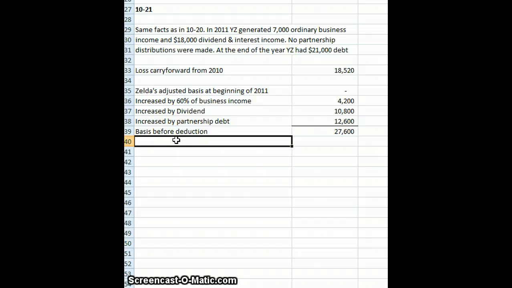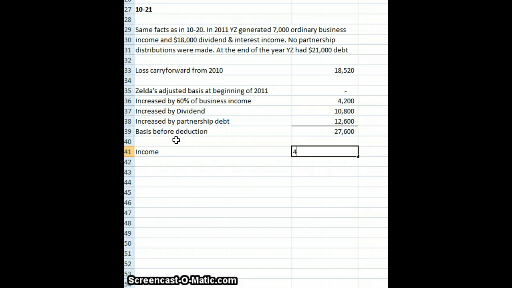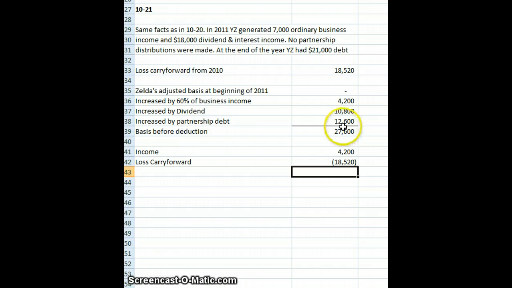Now we can decrease. We're going to have two things to figure our taxable income. Our percentage of the income for 2011 was 4,200, but we have our loss carry forward that we can deduct of 18,520.